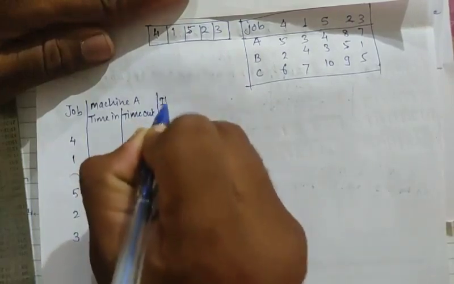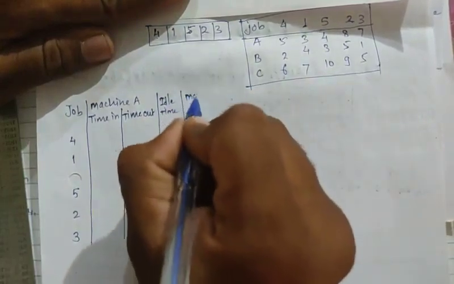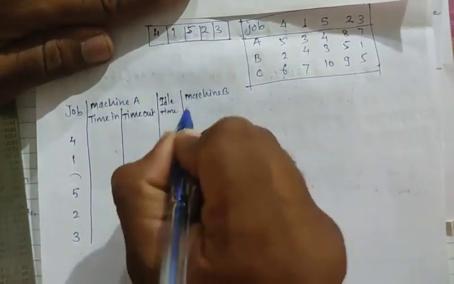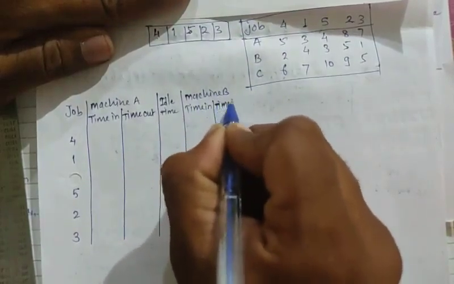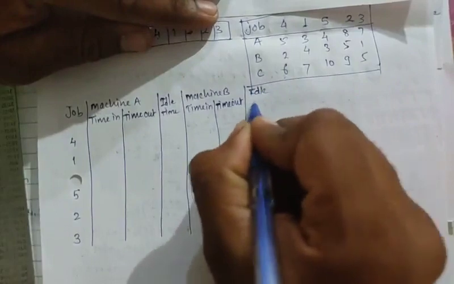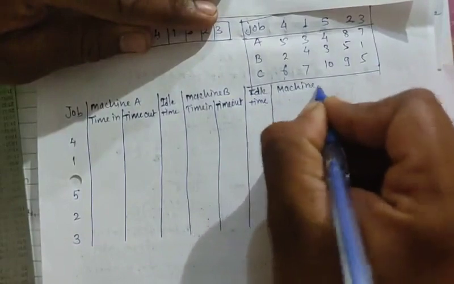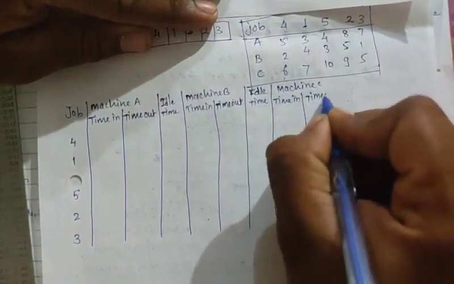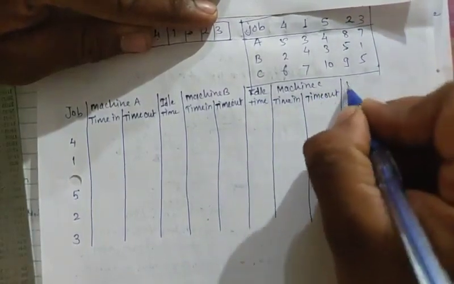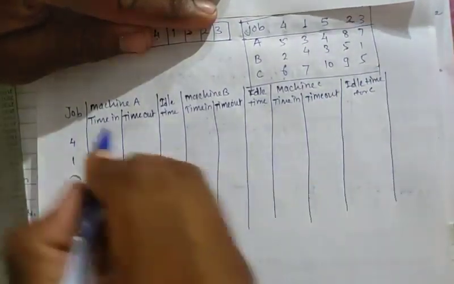Then machine B also has time in, time out and idle time. Next is machine C, with time in, time out, and idle time for C.